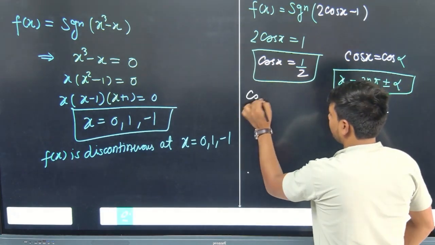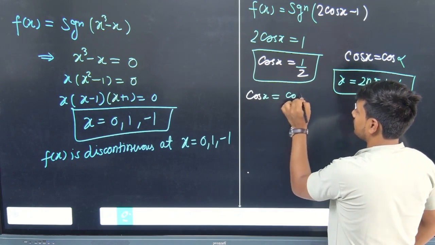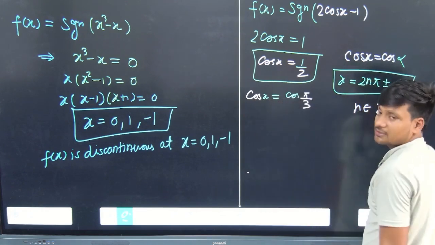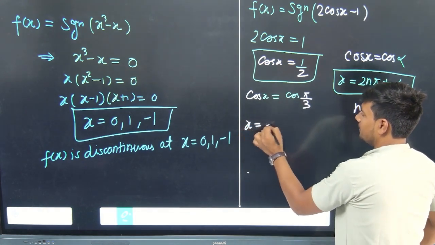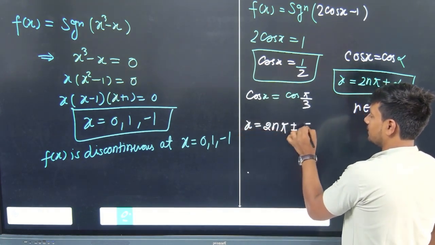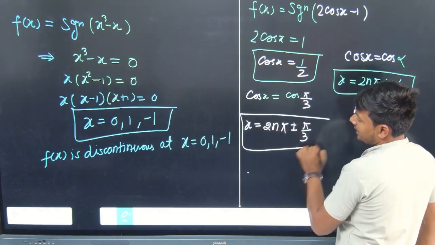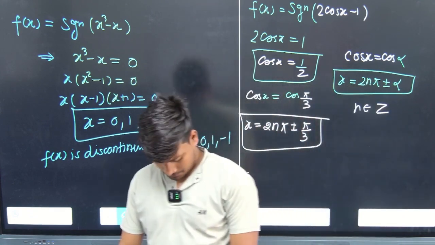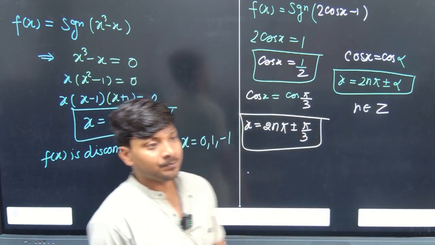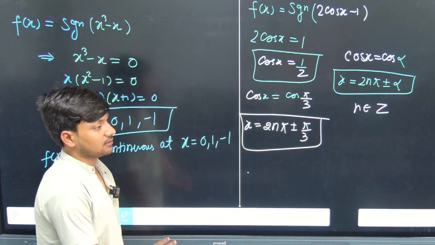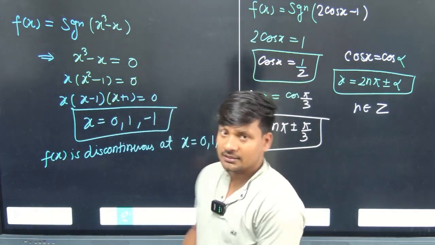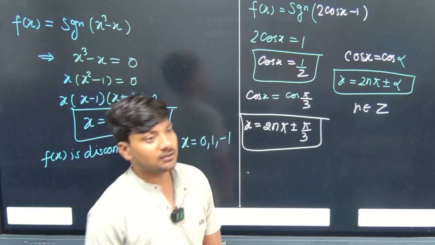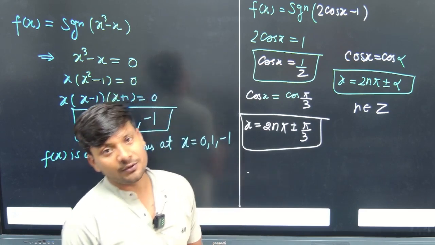Here we know the value of cos pi by 3 is 1 by 2, so x will be 2n pi plus minus pi by 3. So at x equal to 2n pi plus minus pi by 3, this function is not continuous. So every time you have a Signum function, you just equate the inside to 0 and you can find the discontinuity of that given function.